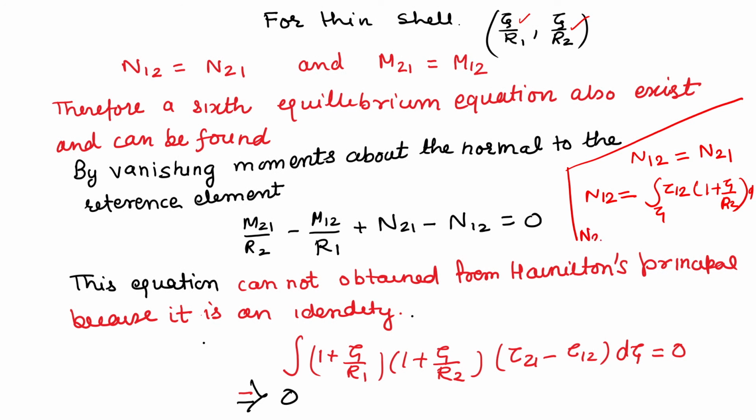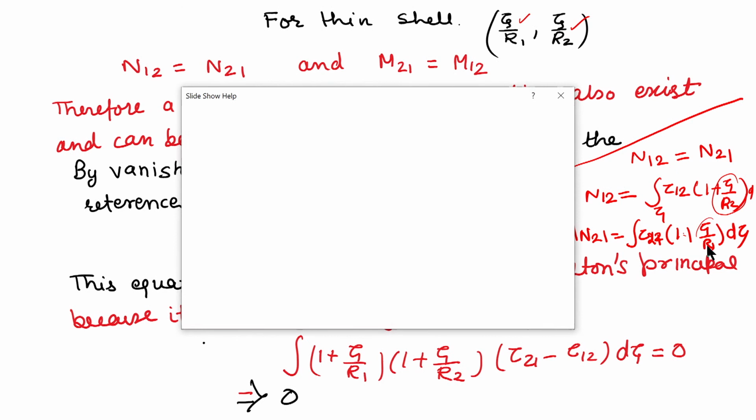Then n21, by definition, is tau 12 or 21 you can write, no problem, times 1 plus zeta by r1, d zeta. So n12 is not equal to n21 because of the term zeta by r, tau 12 equal to tau 21, but these terms are not the same.